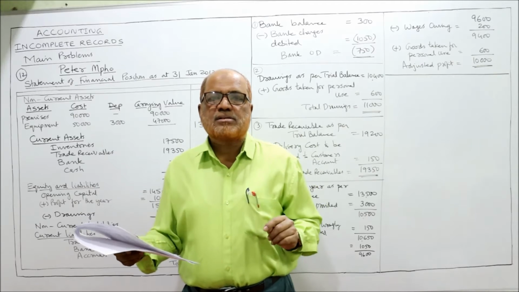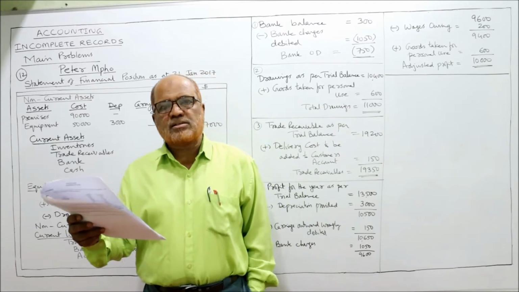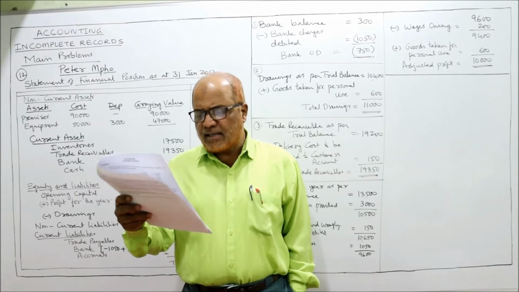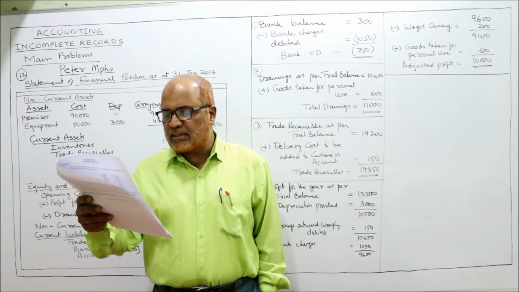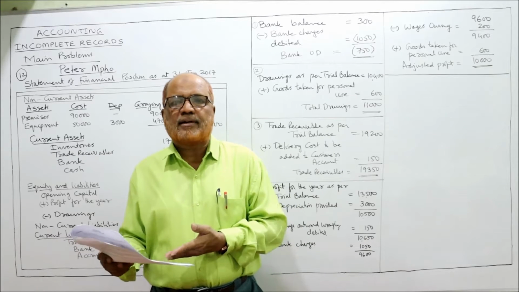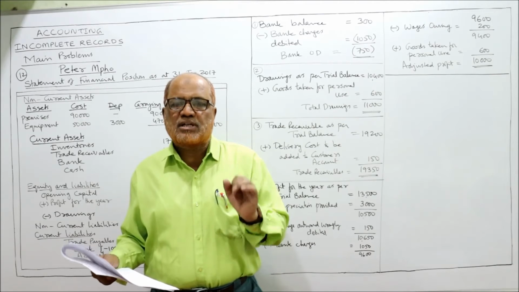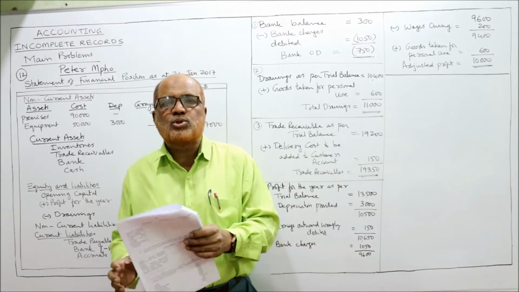If a credit balance comes, it is a bank overdraft, a liability. Then petty cash, this is cash in hand, a current asset. Drawings are 10,400 and profit for the year 13,500. So the profit is already calculated, no need to make the income statement. We only have to make the statement of financial position.